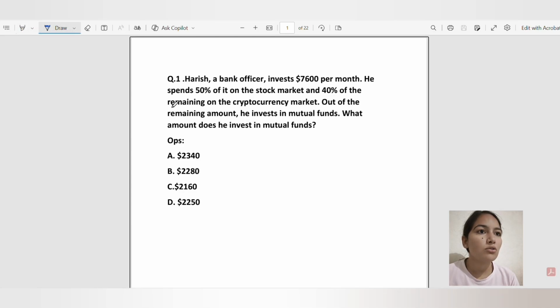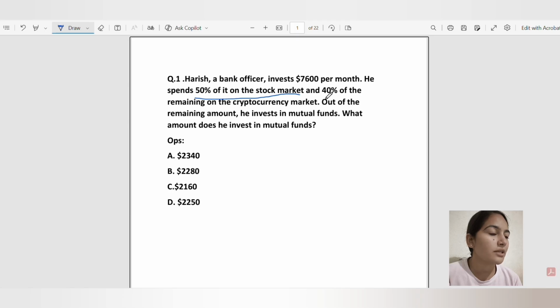Please note down important key points while solving aptitude questions to increase your accuracy.